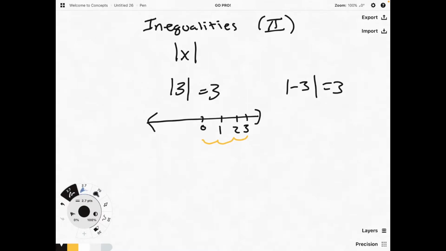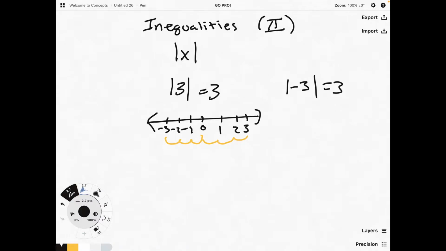And the reason why is because we are still 3 units away from 0. We realize regardless of the sign, the value is still going to be 3 because we're looking at its magnitude or the distance away from 0.